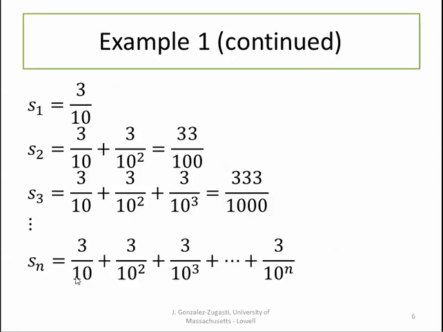So S sub n is the sum of our first n terms. As n increases, the partial sums include more and more terms in the series. If we want to look at what these partial sums tend to as n goes to infinity, it's going to be kind of interesting to do because that number n keeps increasing. So what we're going to do is this.